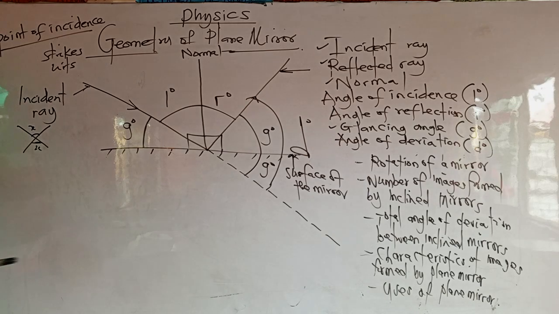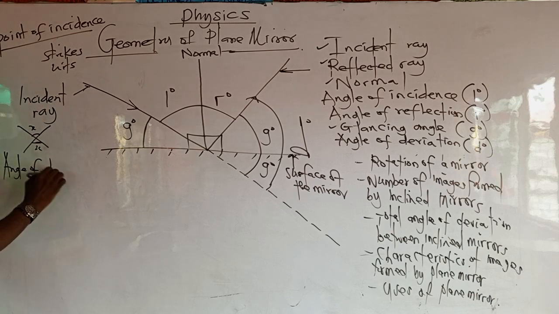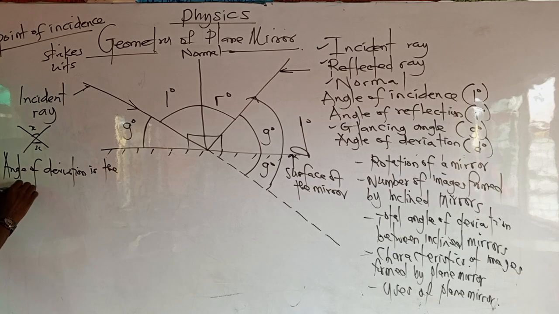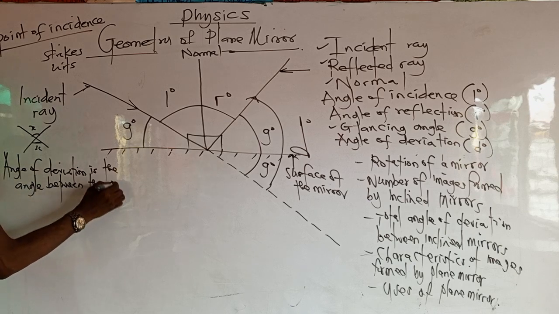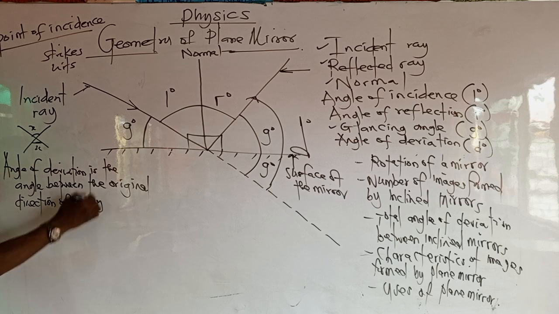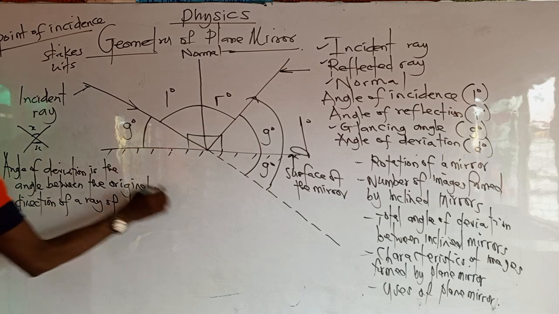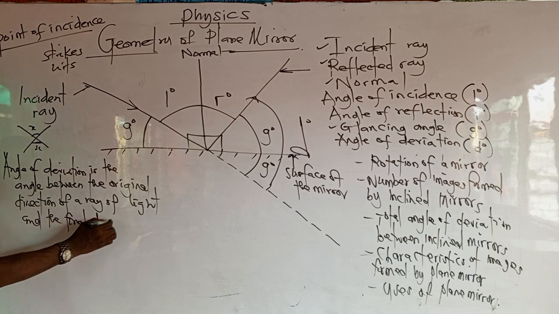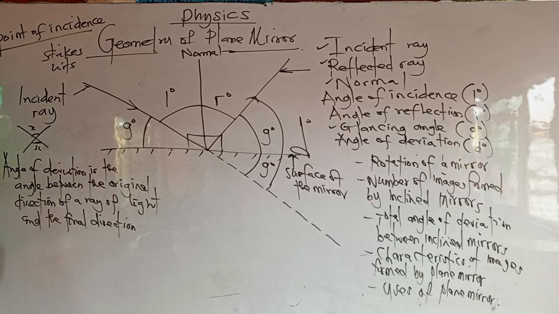Angle of deviation is the angle between the original direction of the ray of light and the final direction. And this angle is always twice the glancing angle.